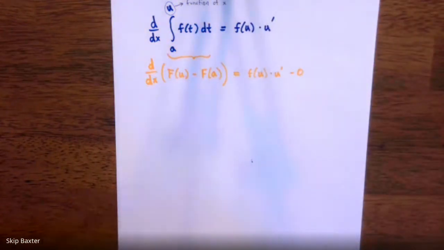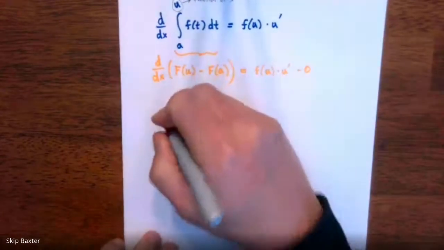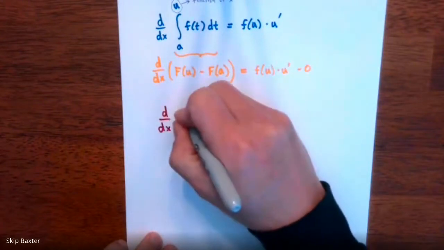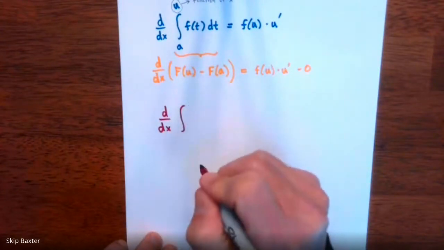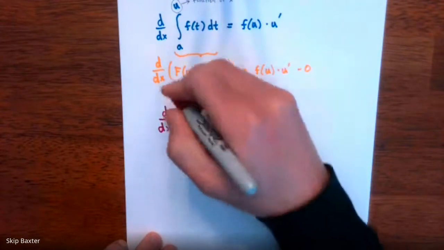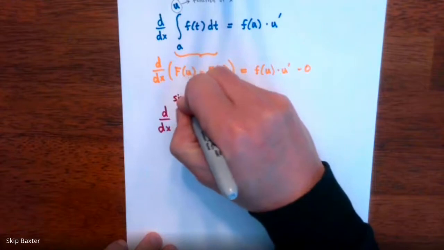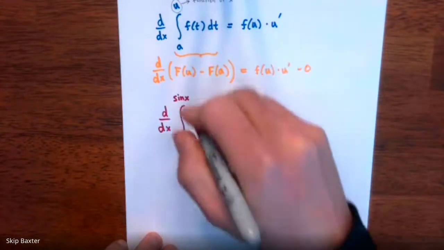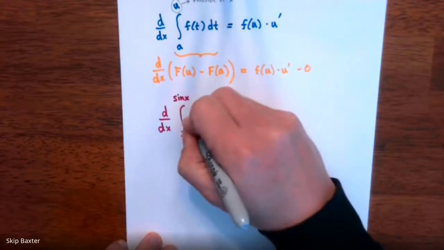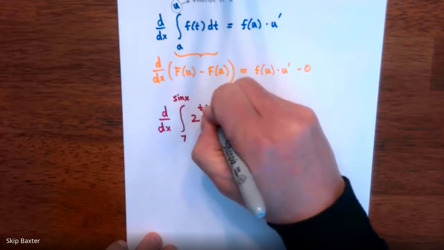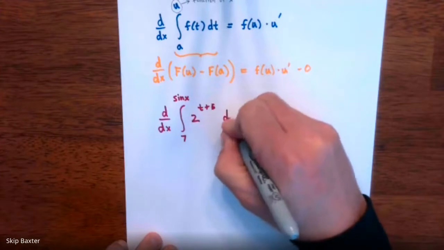That's it. So if it was something like, for example, find the derivative of the integral from 7 to sine x of 2 to the t plus 5 dt.